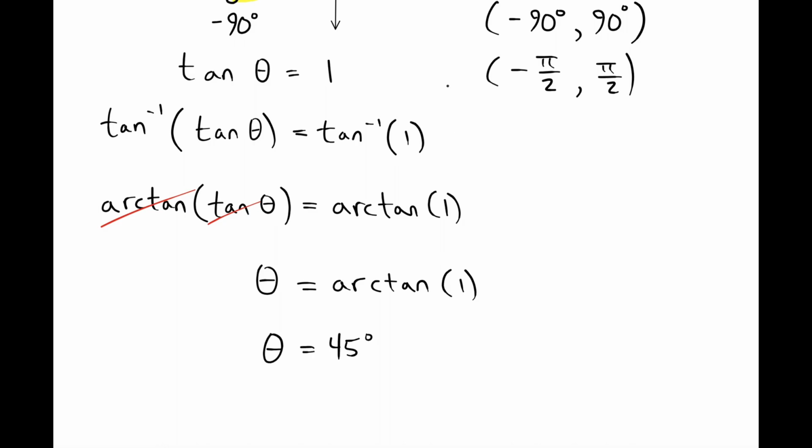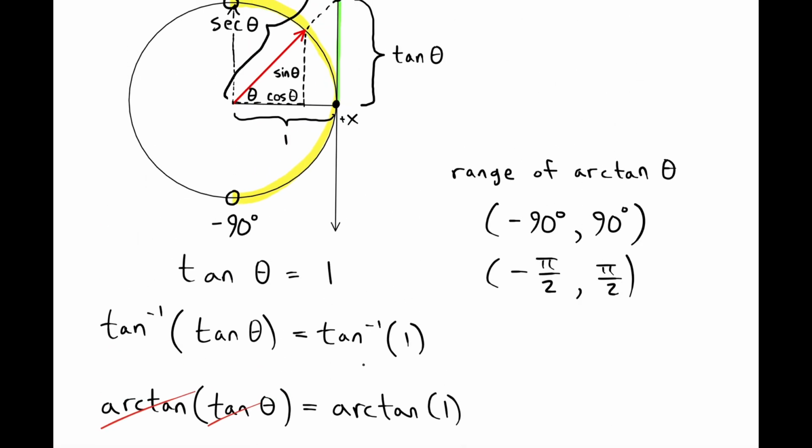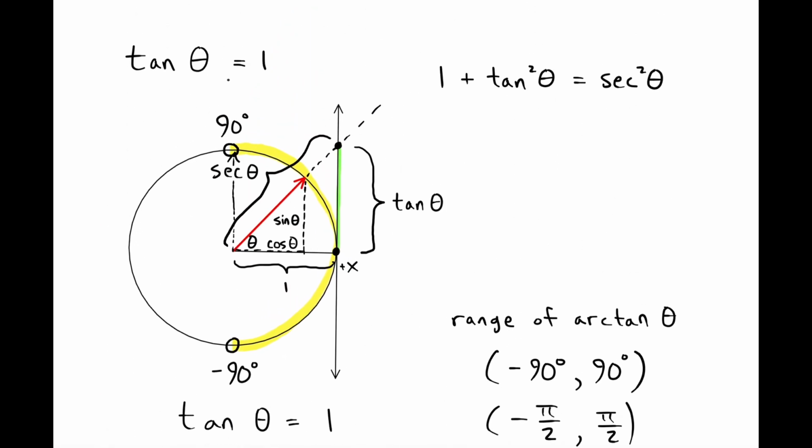However, with this type of equation, we have to be aware of the fact that our range is limited. And so even though 45 degrees does work as a solution to this equation, so this length would be 1 if our theta was 45. But in addition to that, there could also be other angles which could work as well.